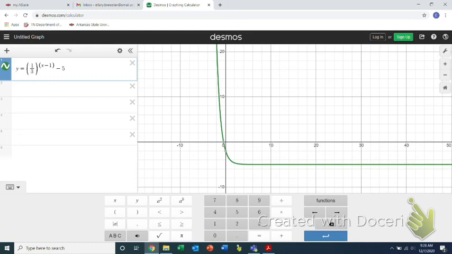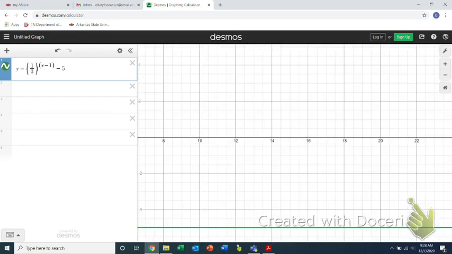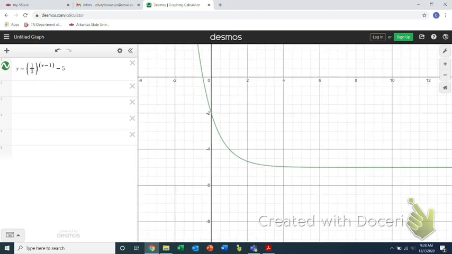All right, our range starts. Let's do a little zoom in and see what it does. There we go. Our range starts at what looks like negative 5, starts right here at negative 5.